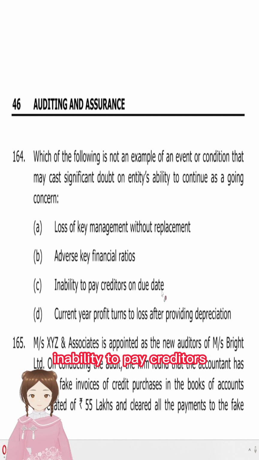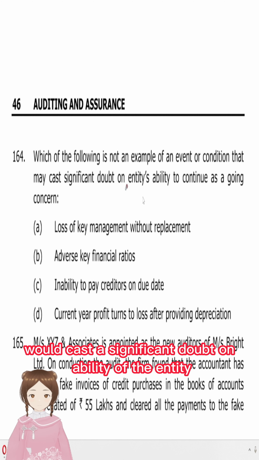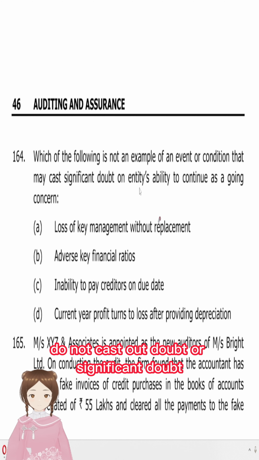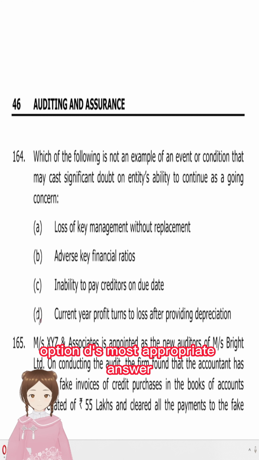Inability to pay creditors would cast significant doubt on the ability of the entity as a going concern. Currently a profit turns to a loss after providing depreciation, that is a depreciation loss. This is a mere loss and does not cast significant doubt on the entity's ability to continue as a going concern. Option D is the most appropriate answer.